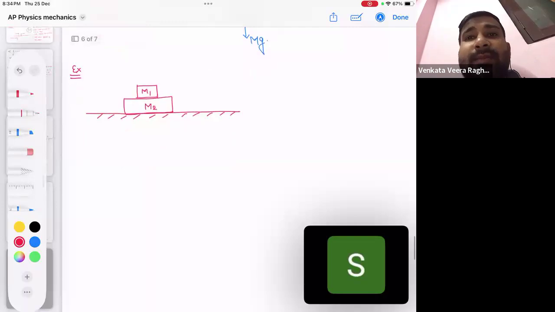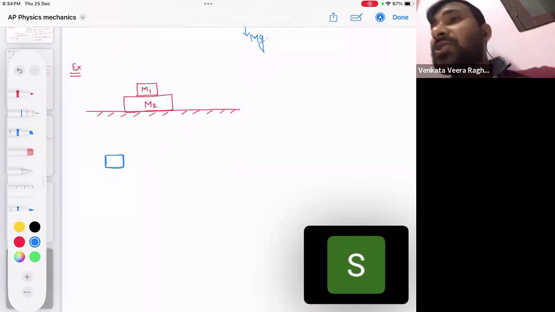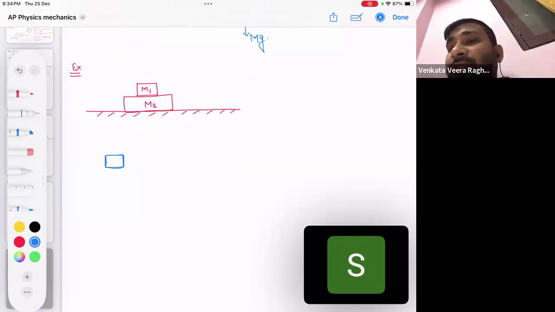Let me tell you. Just draw the free body diagram of book number 1. What are the forces acting on book number 1? Till now, I have only discussed two forces, normal and mg. That's why I am not connecting these objects with a string.